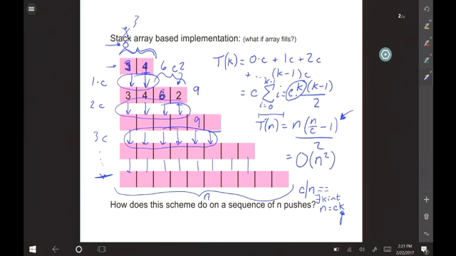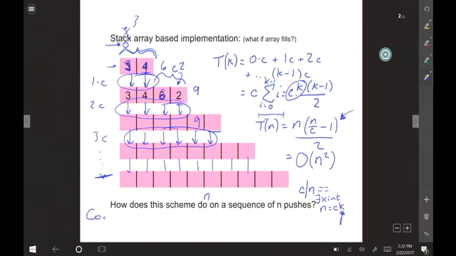Wait, backtrack. What's big O of N squared? Well, it's the amount of copying on a sequence of N pushes, because that's how much data we have. So this is the amount of waiting over a sequence of N pushes.